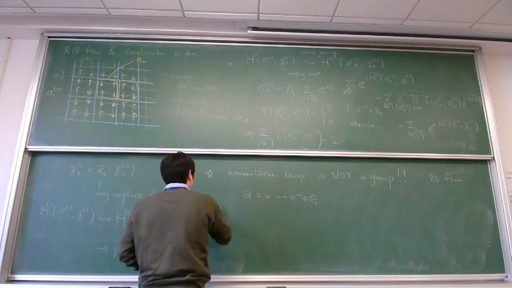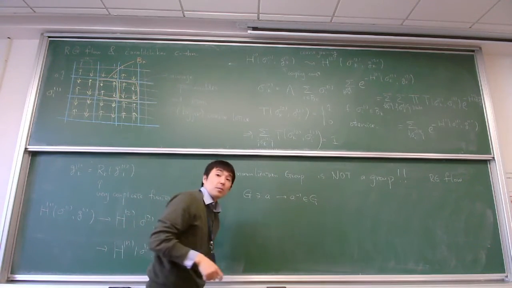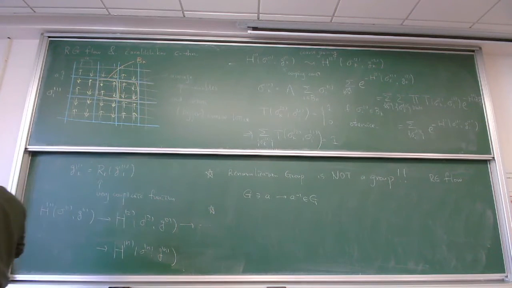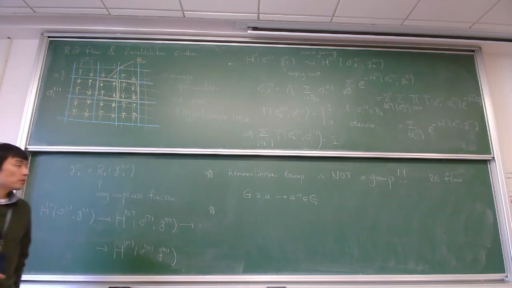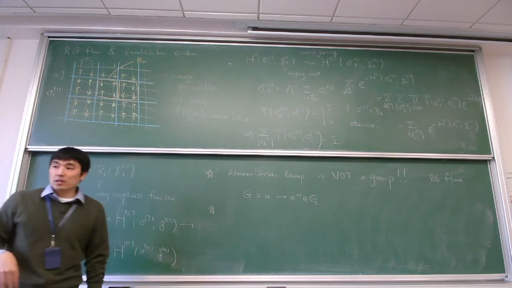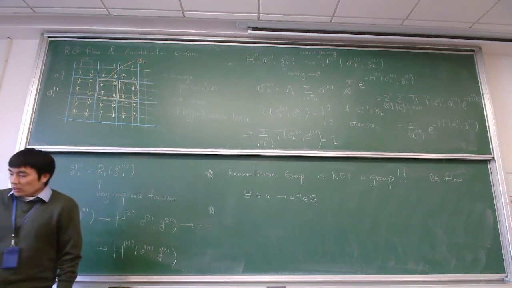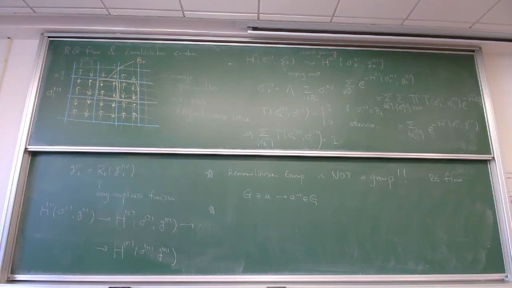Another thing is that in quantum field theory, eventually you will learn how to evaluate the one loop correction to the electric coupling constant, the electric charge. That's one instance to learn renormalization group flow, RG flow.